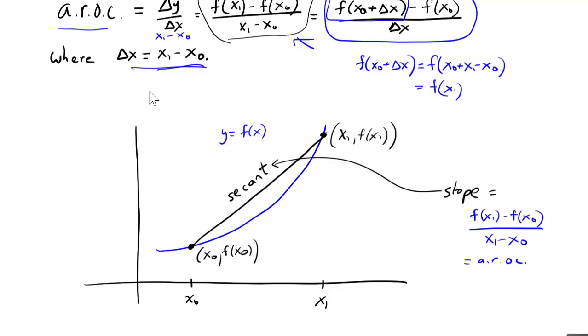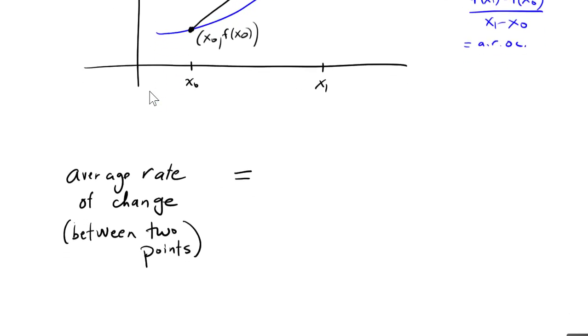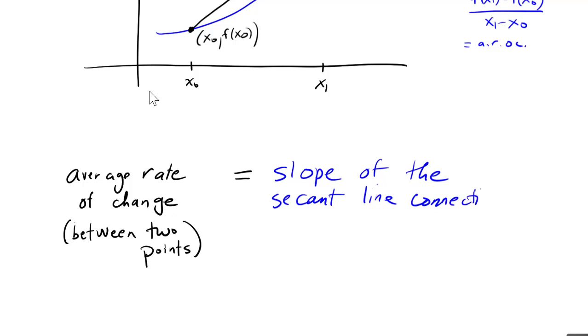So what we're seeing is that the average rate of change between 2 points is in fact the slope of the secant line connecting the 2 points. Okay, so that's what we're actually looking at. So this is all about average rate of change.